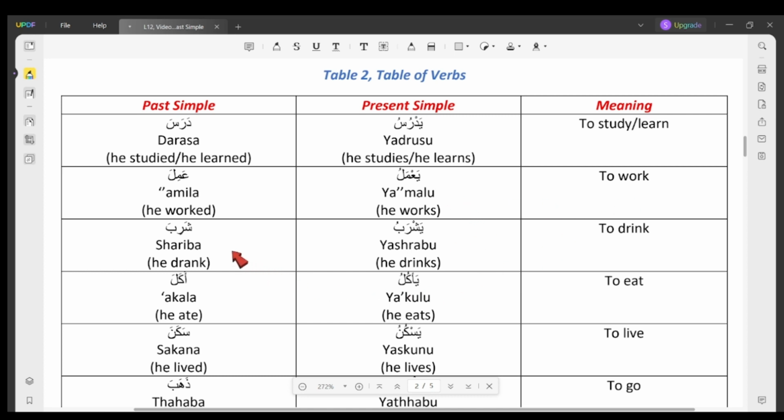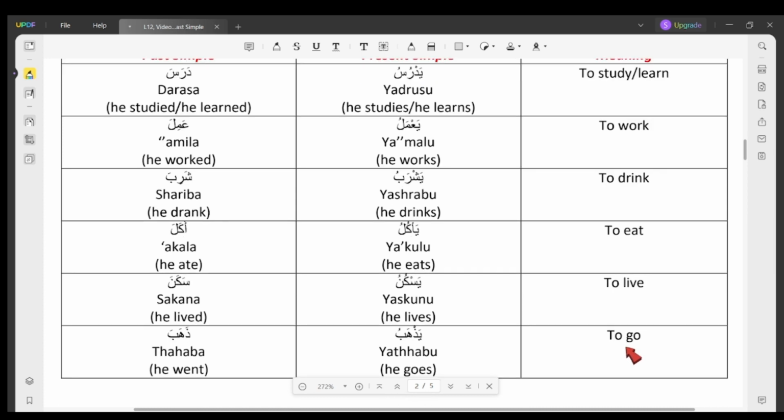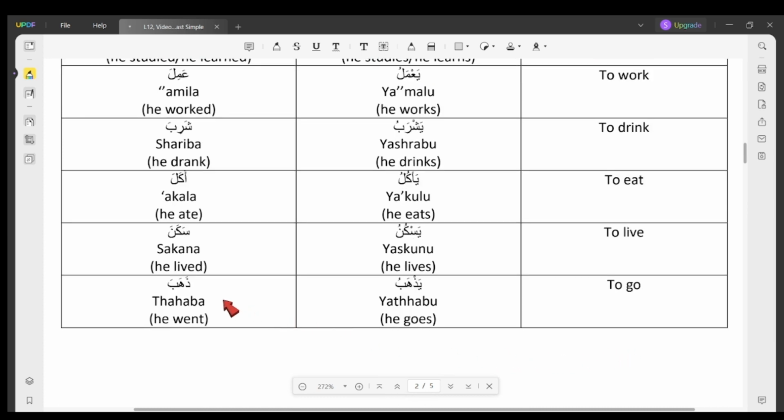Next, شرب يشرب, to drink. Next, أكل يأكل, to eat. The next one, سكن يسكن, to live. And the last one, ذهب يذهب, to go. Okay, great. That's all the grammar we're going to need for this lesson.